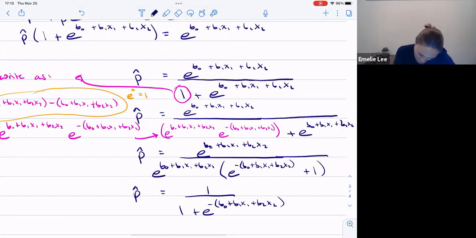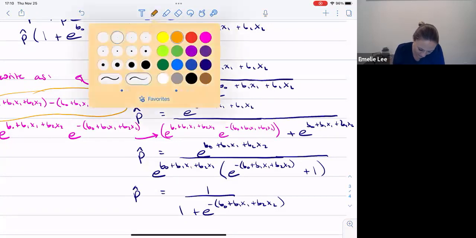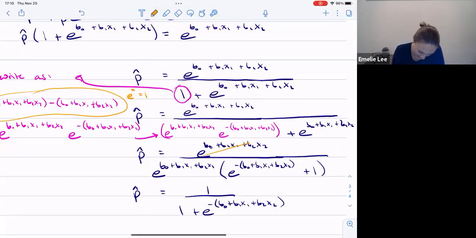So now I have a common factor here that I can pull outside. And so now I can cancel this e with this e because it's a common factor. And so I'm left with 1 over 1 plus e to the negative, and then in brackets, you want to have your linear equation up here.